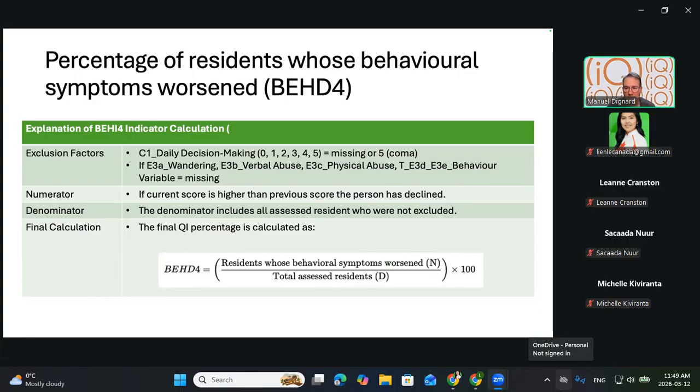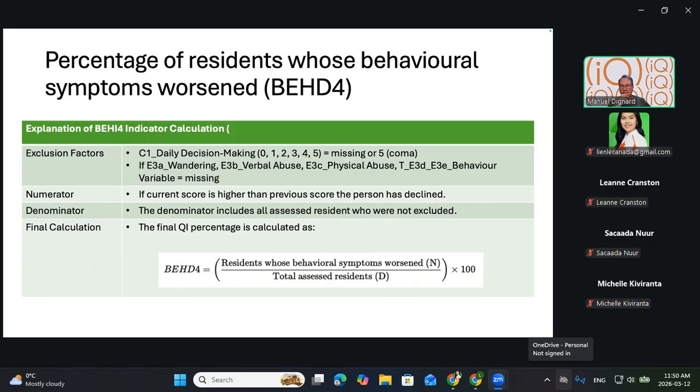So it, you know, is the percentage of residents whose behavioral symptoms worsened. We're identifying everybody that shows that it worsened, so it's an increase, right, in behavioral symptoms, and we're talking, right, aggression, wandering, inappropriate behaviors, those.